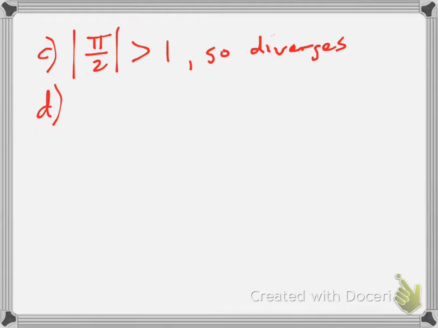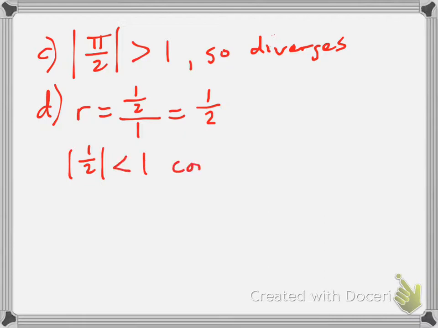Part D. Now, in Part D, they don't give you the sigma. They just give you the sequence of terms. To find r, take the second term and divide by the first term. So r is 1/2. The absolute value of 1/2 is less than 1, so it converges.